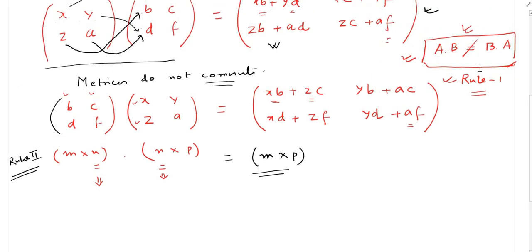Remember the first rule, that multiplying matrices, a into b is not equal to b into a. And rule 2 is that the number of columns of your first matrix must be the same as the number of rows of the second one, and that will give you an m by p dimension matrix.